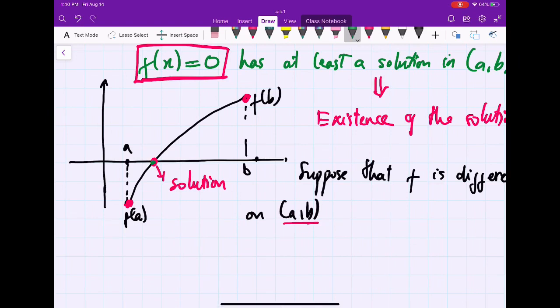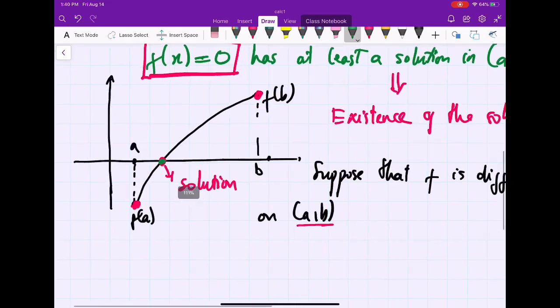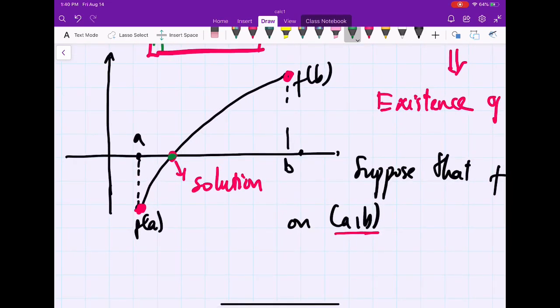Okay, let's approximate. Look at this. I may start from a. I will find the tangent line to the graph at a. So I have this tangent line. We know how to solve this problem, right?